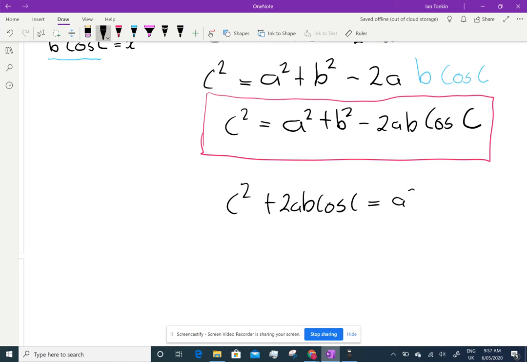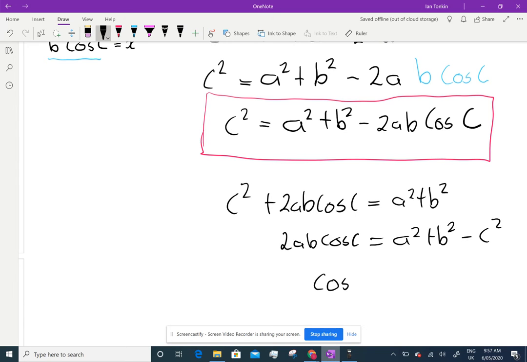So c squared plus 2ab cos C equals a squared plus b squared. I'm going to minus the c squared, so I get 2ab cos C equals a squared plus b squared minus c squared. And I'm going to divide by the 2ab because that's just a number. So cos C equals a squared plus b squared minus c squared over 2ab.